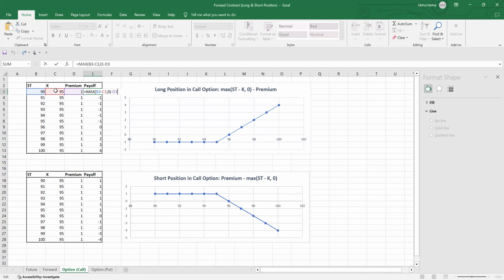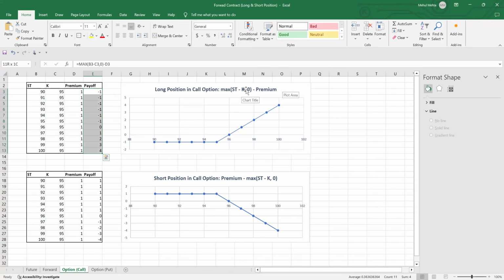So we are subtracting 95 from 90, and then we are just checking what is the maximum, this value or the zero value. And then we are just subtracting the premium. So this is the formula that we are using, and then we are just dragging the formula. So this is how the payoff graph looks like.